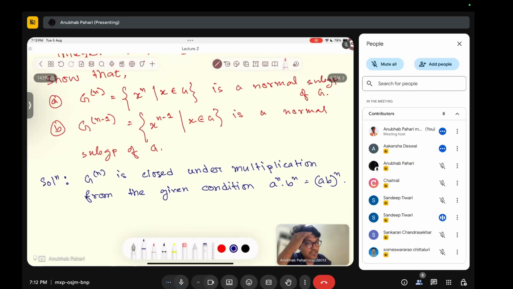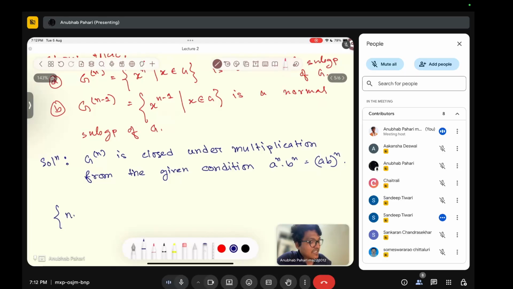Sir, it is given for some n, not that n is fixed. For some means there is at least one n, right? Yes, sir. Suppose for some n means I say n1, n2, something like this.